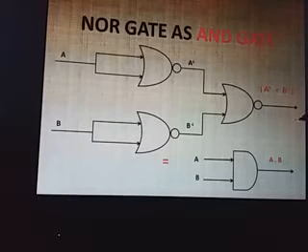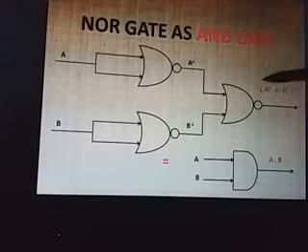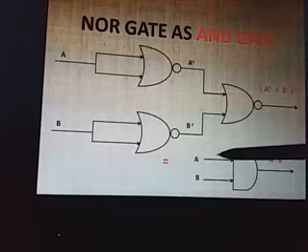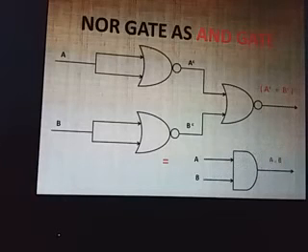Good. Now, is this output same as that provided by an AND gate? This is to be understood. This is the point to understand that this output is nothing but the output we receive from a simple AND gate.